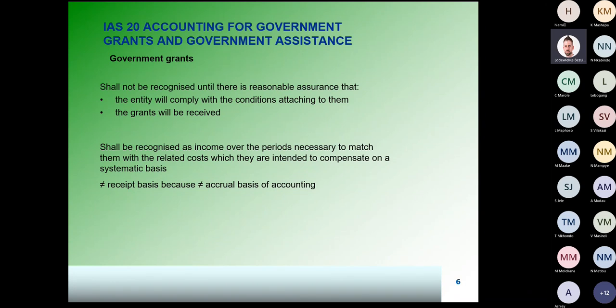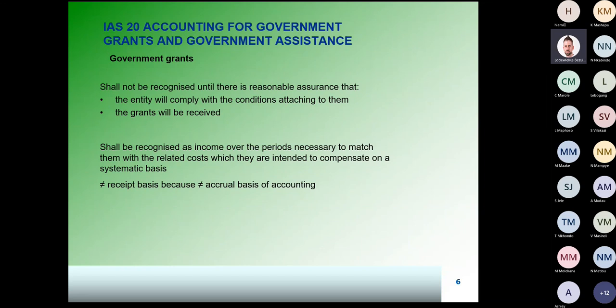It's a systematic basis, how long we think we will use this asset for. So the government grant uses the same principle. We recognize the grant income based on the period that we will use the grant for or use the asset for.